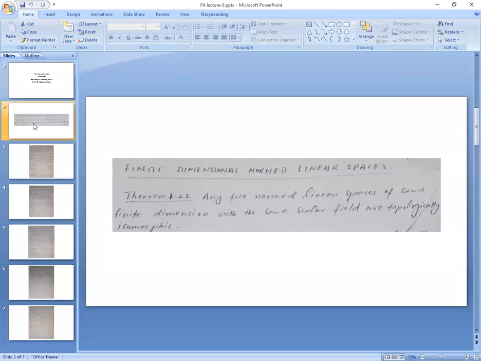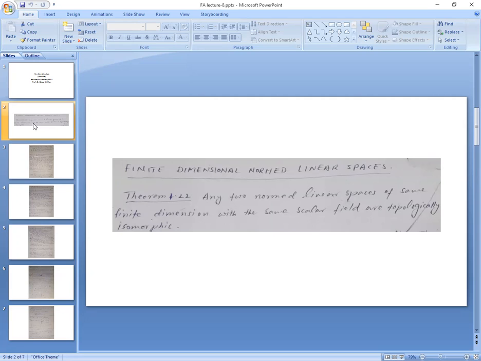So this is the first result about finite dimensional normed spaces. Let me repeat once again. Any two normed spaces with a finite dimension, remember, with the same scalar field are always topologically isomorphic. We omit the proof because it is too lengthy.